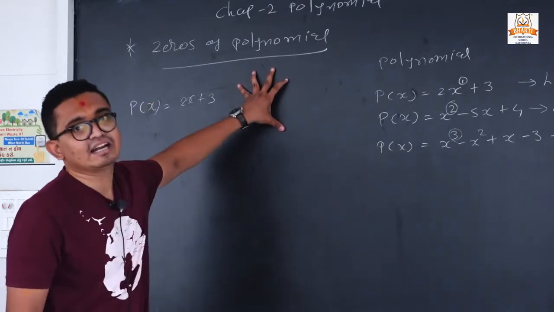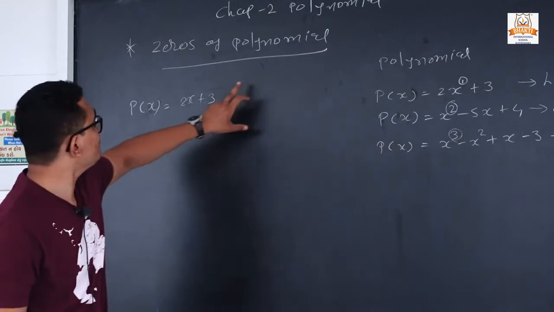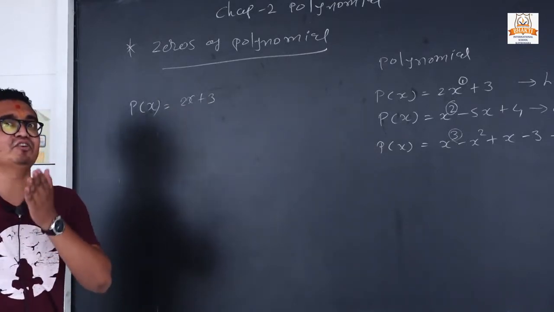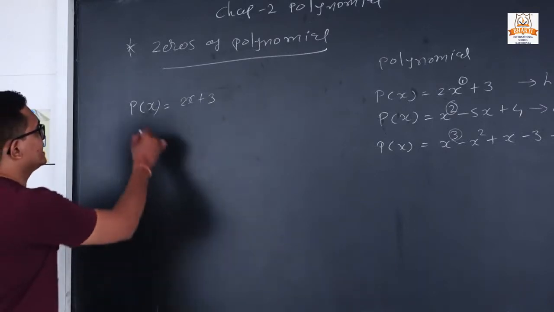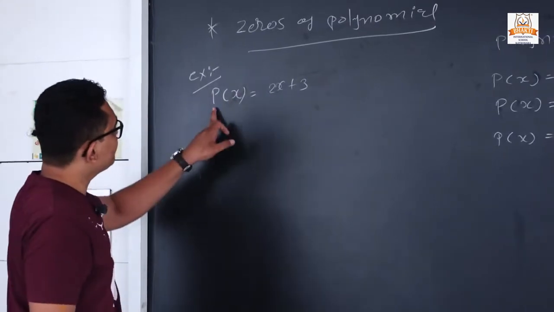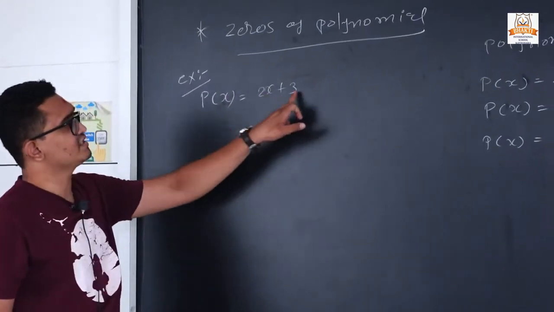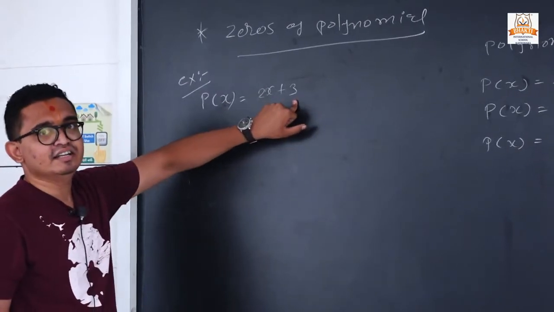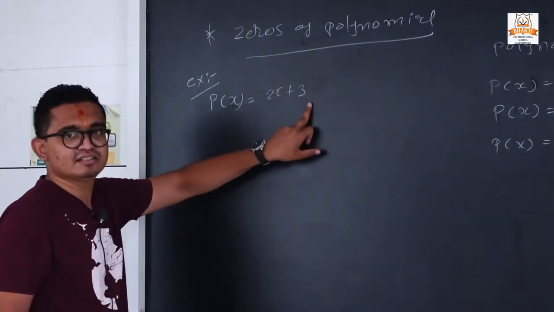But here we have two or three things we need to remember. For that, I am taking one example so you can get the idea of what a zero is. Our first example: P of x is equal to 2x plus 3. It is a linear polynomial.